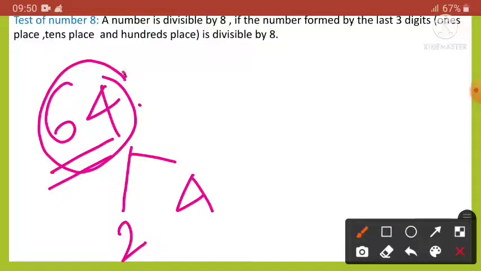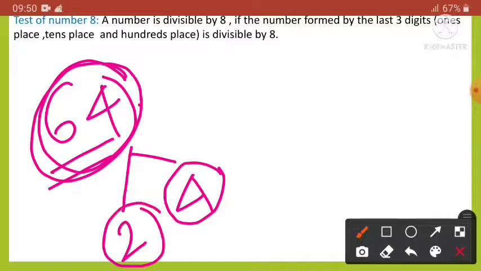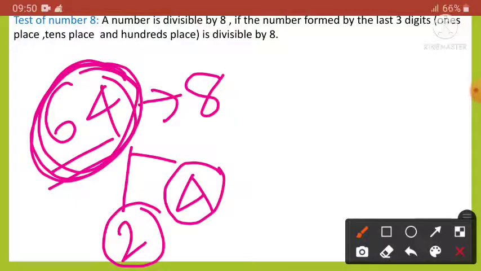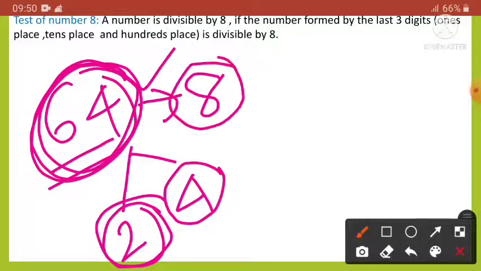If this number is divisible by 4 and 2 both, then we can say that this number is divisible by 8, because 2 and 4 are the factors of 8. So if the number is divisible by 2 and 4 both, then this number is divisible by 8 for a 2-digit number.